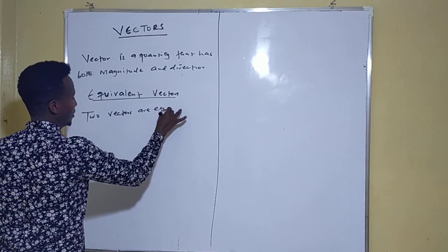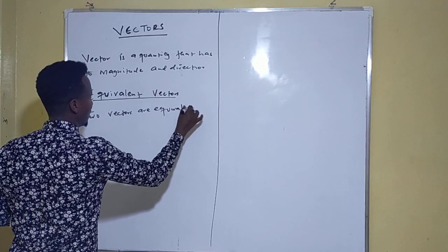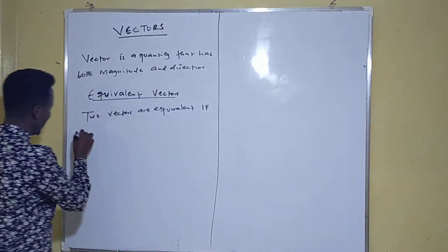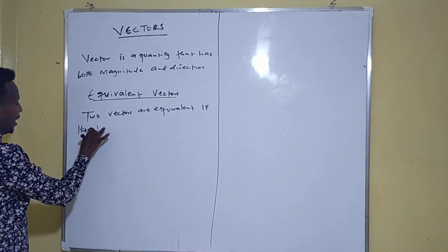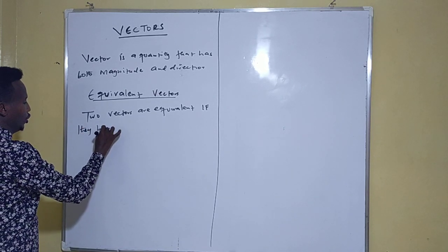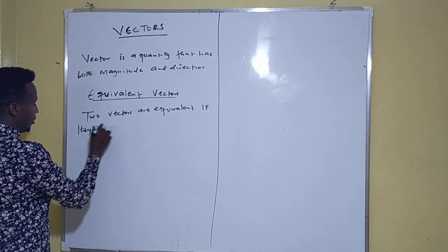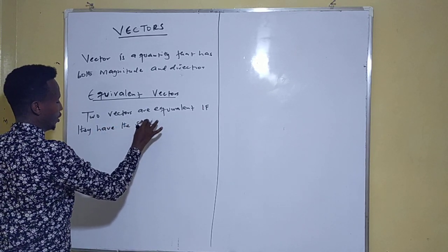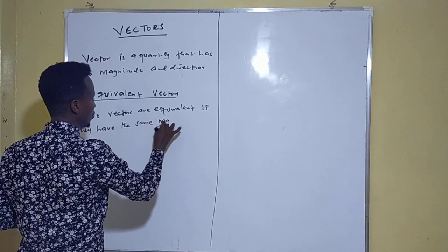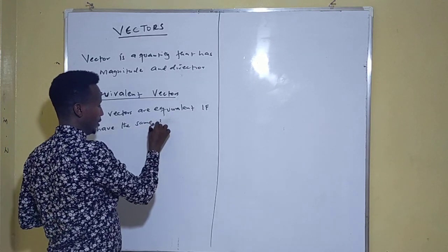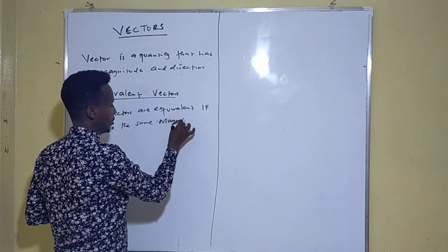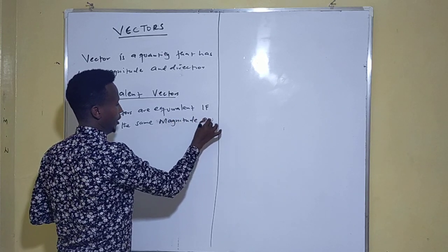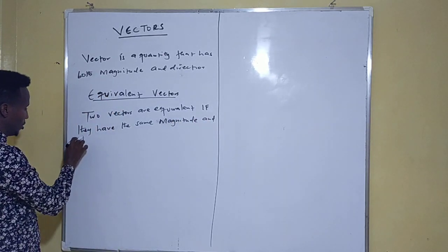Two vectors are equivalent if they have the same magnitude and direction.